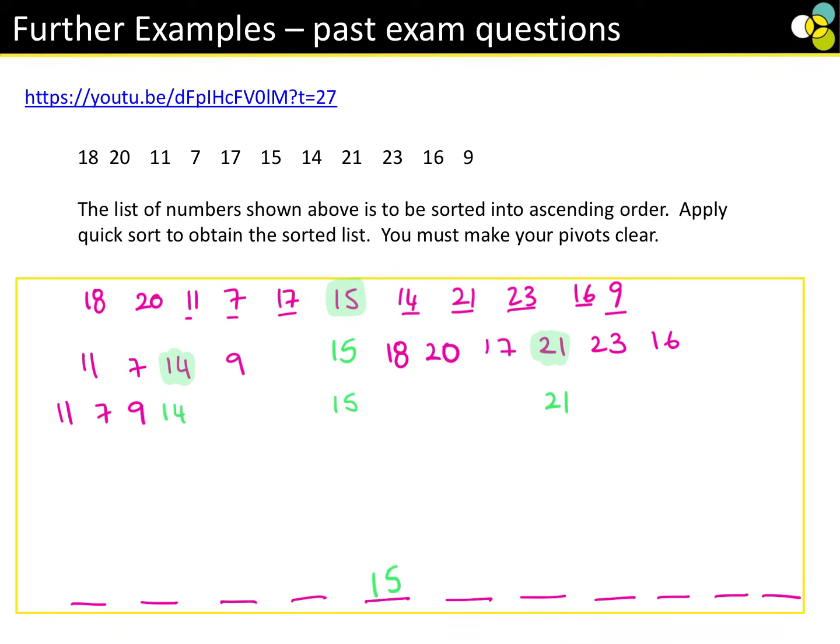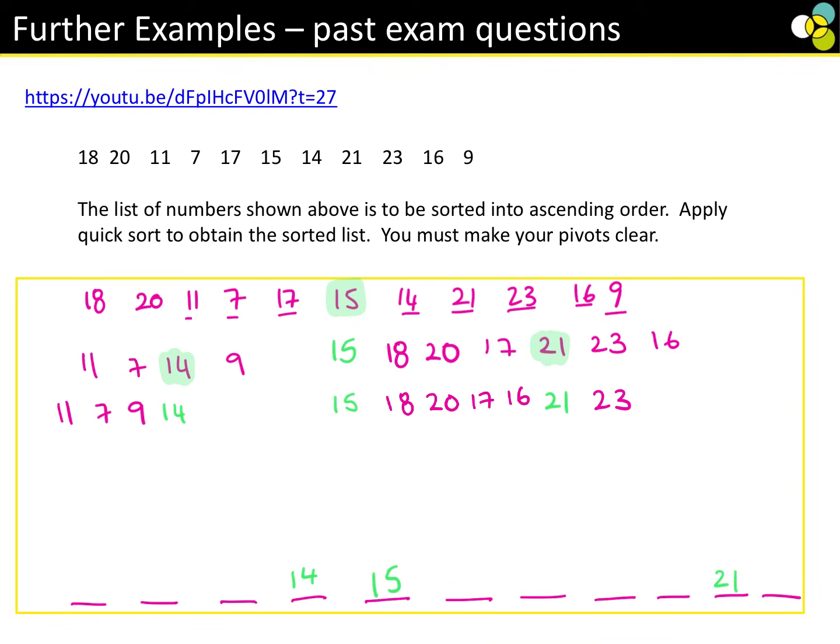So I have a look. 18 is less than, stays here. 20 is less than, stays here. 17 is less than, stays here. 16 is less than, stays here. 23 is larger than. Okay, so if I wanted to, I know that 21 would be the second to last one. Okay, and I know that 14 would be the fourth one along.